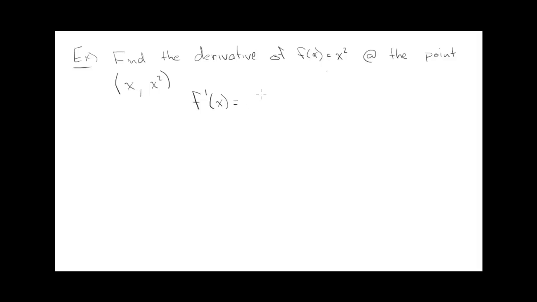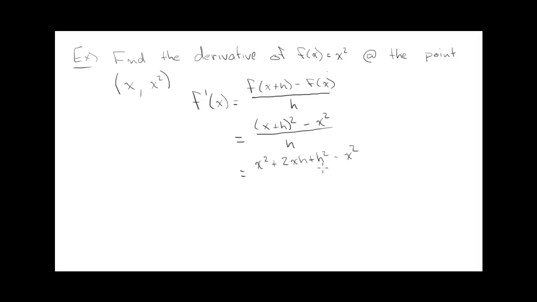So f prime at x equals f at, now normally it would be a, but I'm using x, plus h minus f at x all over h. So f at x plus h would be x plus h squared minus x squared all over h. So expand that. We get that. These x's go away.